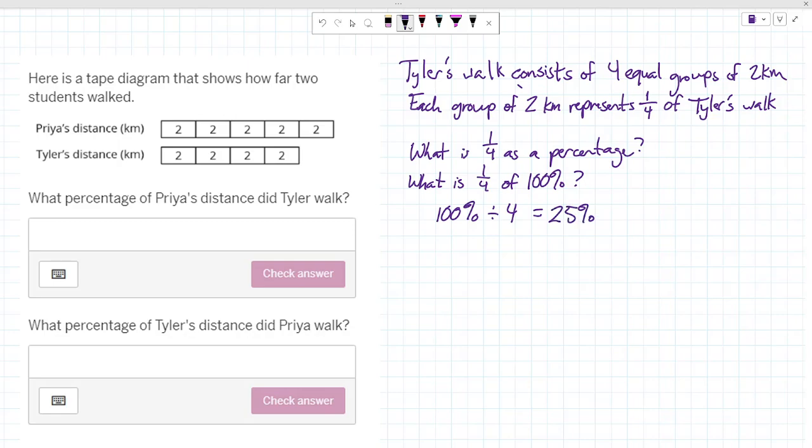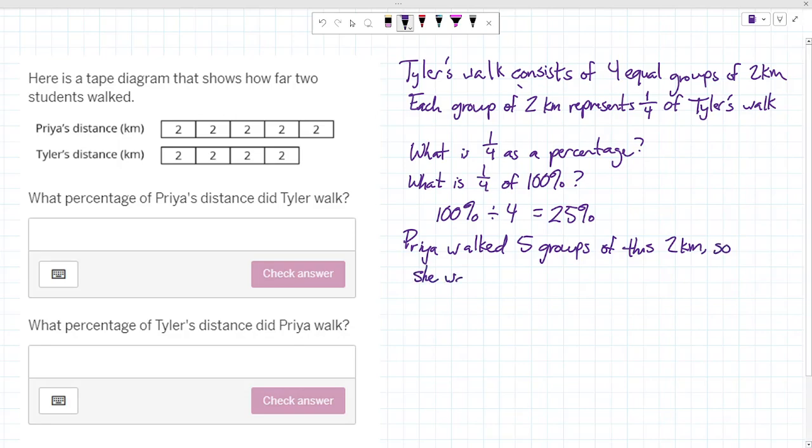So how many of these groups did Priya walk? So Priya walked 5 groups of this 2 kilometers. So she walked what percentage of Tyler's distance? We would say 5 times 25%, right?